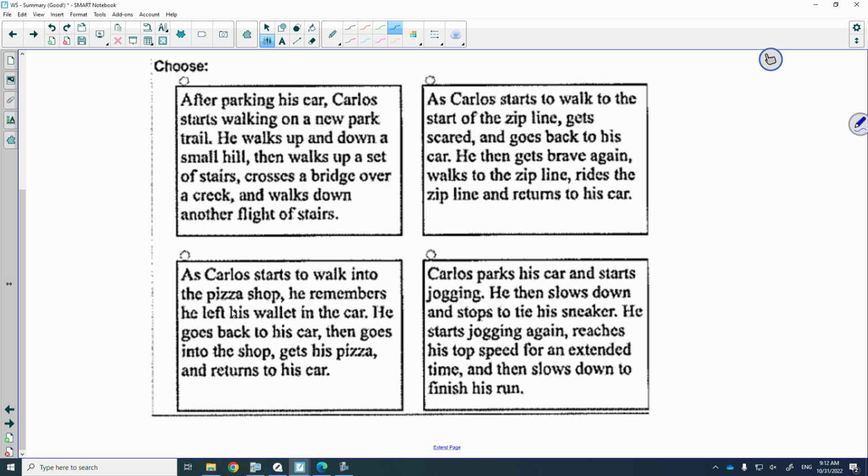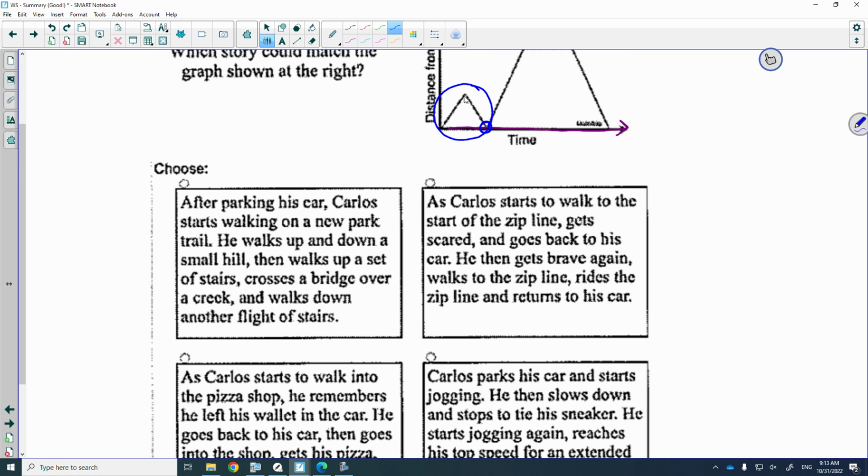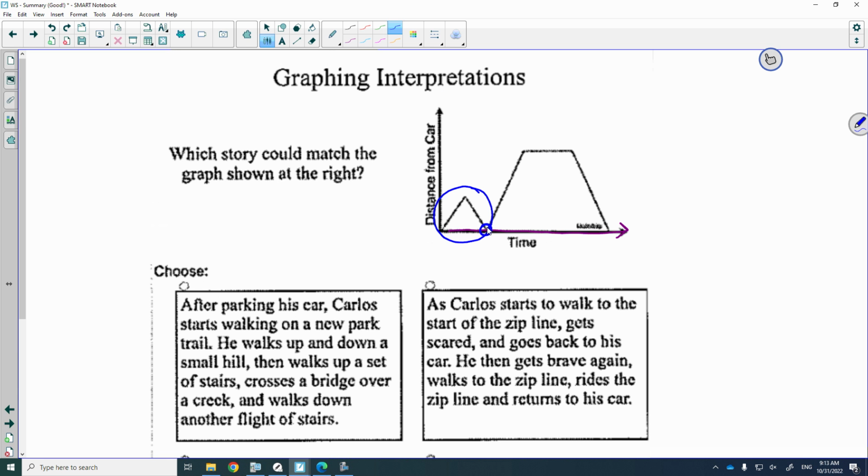You know what? The zip line one, at first I thought it was going to be B as well, except there's one issue with this one. This first part makes sense. Walks to the start of the zip line, gets scared, and goes back to his car. He then gets brave again, and he walks to the zip line.